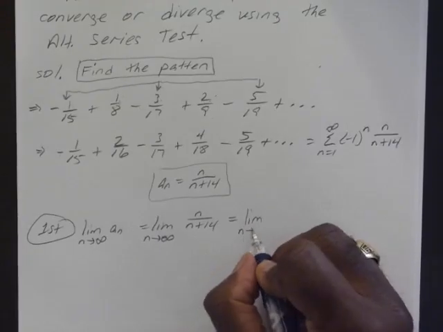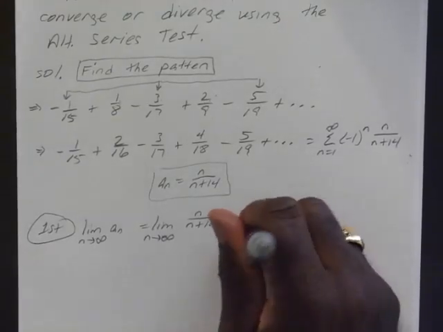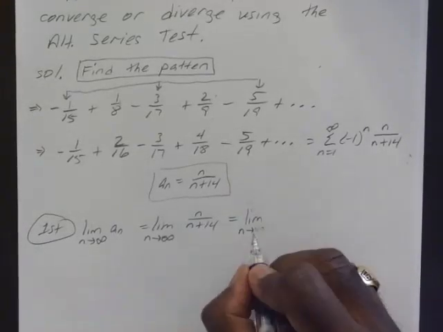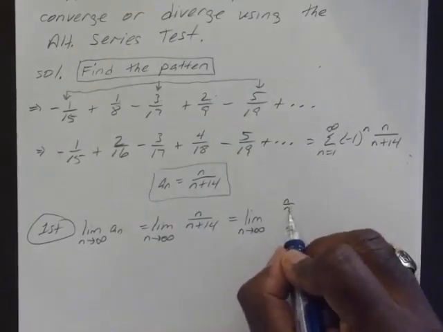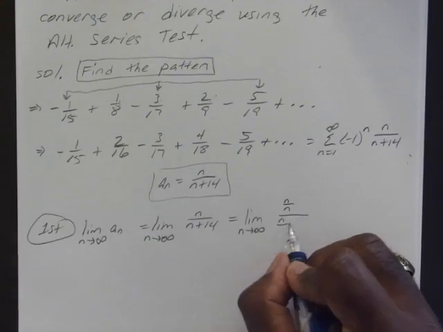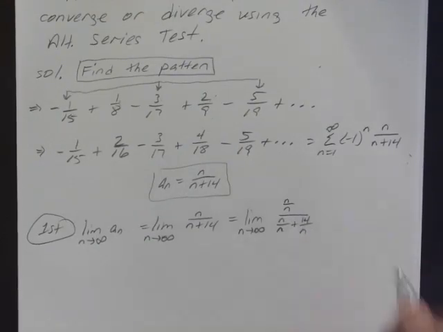So we can take each term and divide it by n. So n divided by n, divided by n, divided by n, plus 14 divided by n.